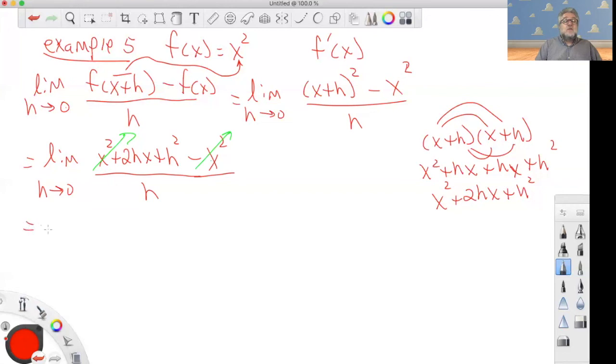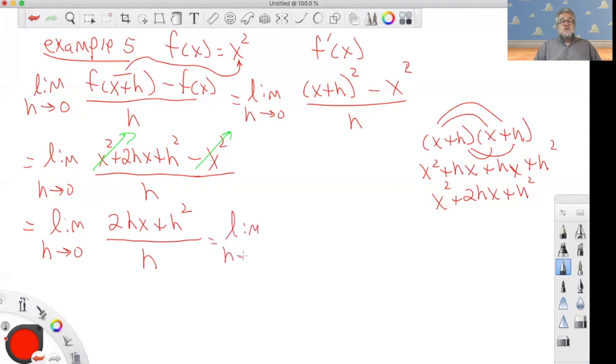And that makes me really happy. So I'm going to write this as limit as h goes to 0 of 2hx plus h squared over h, which I'm going to write by factoring out an h. So I'll be left with h times 2x plus h over h.